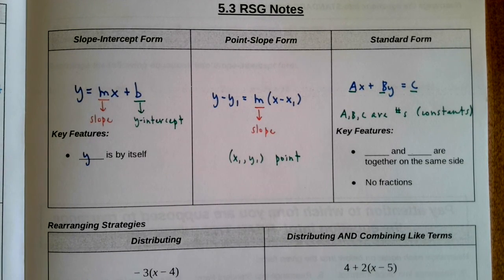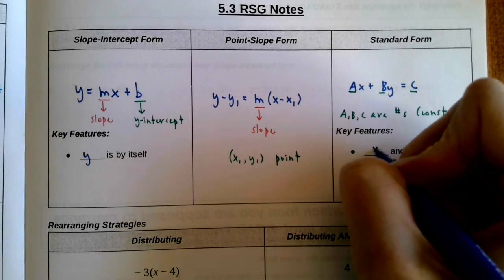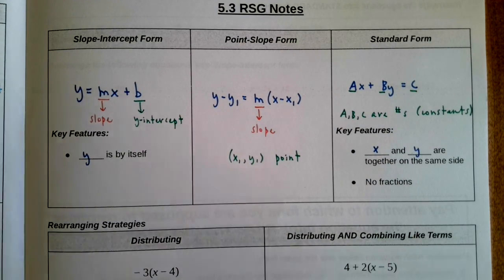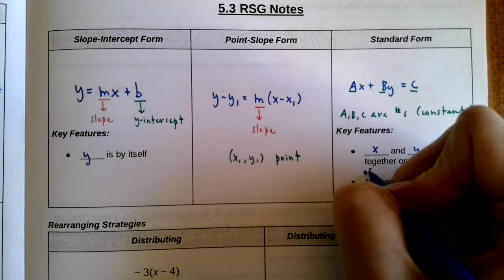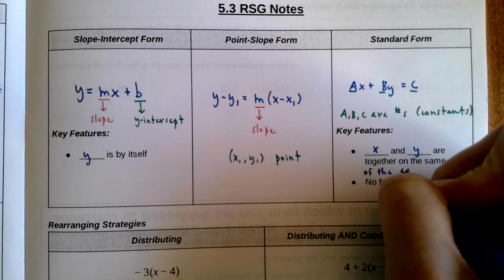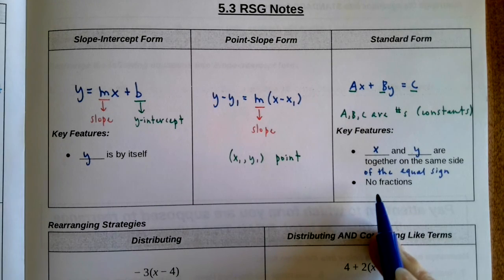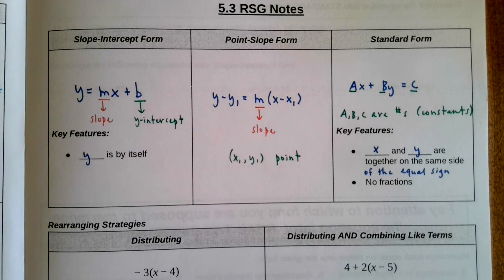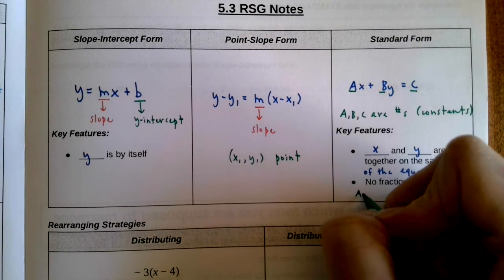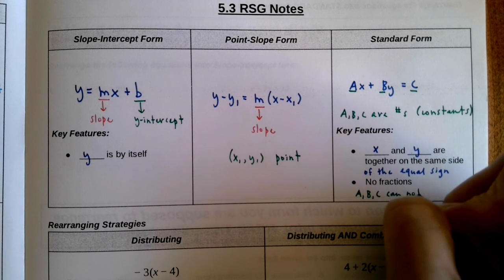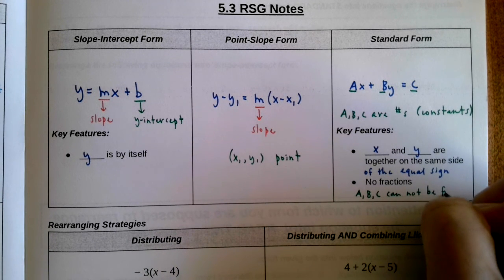So the key features here are that x and y are together on the same side, and by that we mean the same side of the equal sign. And another key feature, it says no fractions. So that means our values for a, b, and c cannot be fractions.